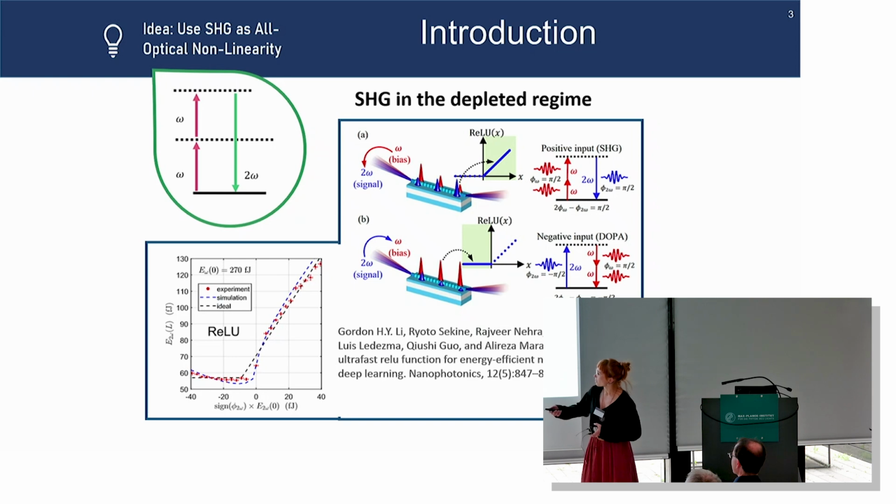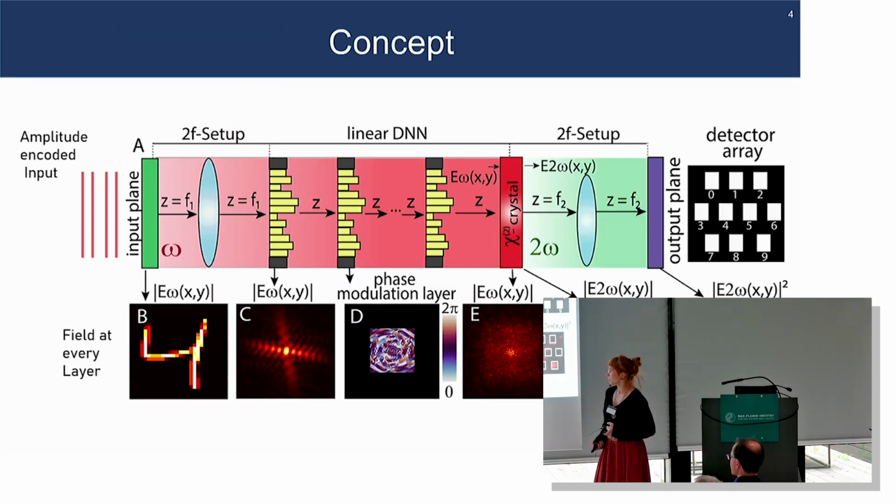Also very interesting is that the input frequency is also the output frequency, so this gets rid of the problem that, if one would like to cascade these systems, the frequency always gets larger and larger. But we are working in the undepleted regime.